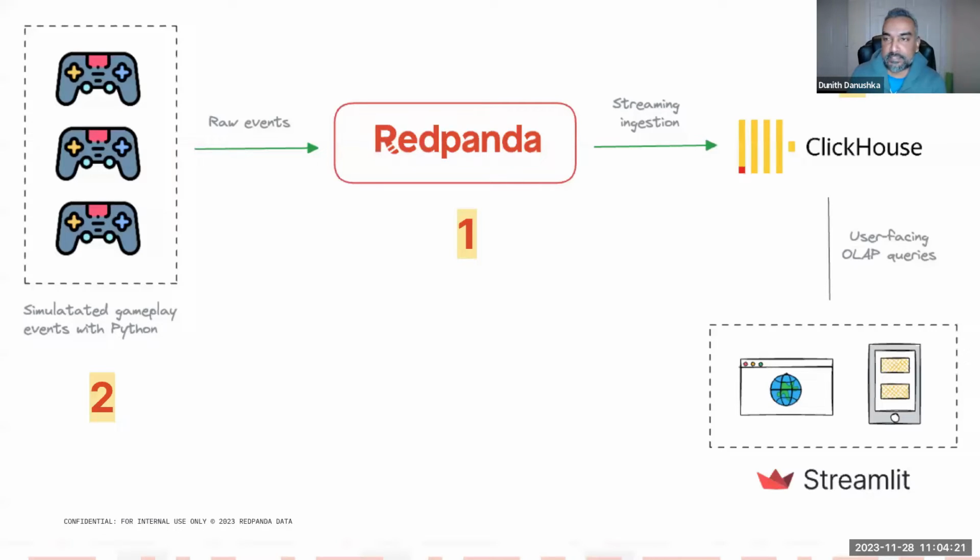That's a good question, Krishna, because we need to decouple these event producers and the backend, which is ClickHouse. If the backend goes down, we need some component to hold or buffer our events, so that we can facilitate more scalability in the future. That's why we bring in Redpanda.